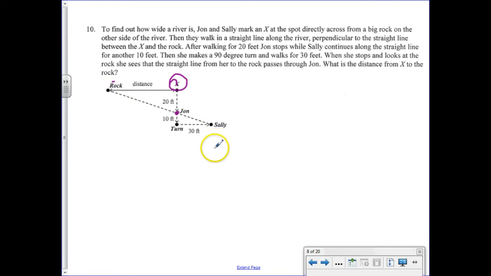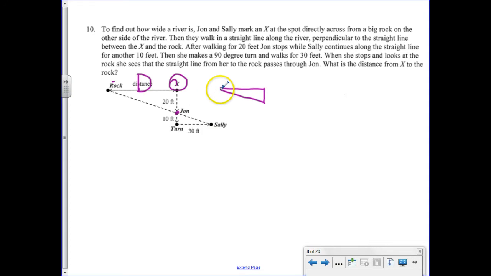Whew. From X to the rock. So this is what we're looking for here. I'm going to call that capital D right now. But here's the deal. This triangle on the bottom is flipped around from what this one looks like, and I've already told you that I have real issues trying to do this flip in my head.